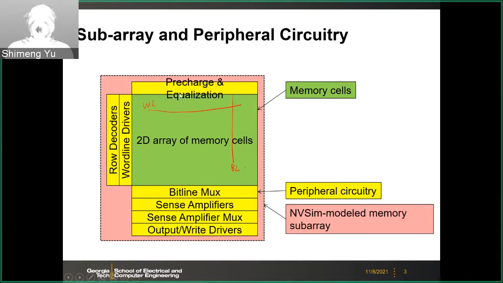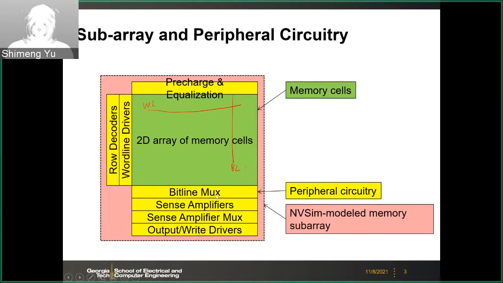And then on the column side, some of the memories may have the pre-charge and equalization, as we see in the SRAM, because you have the bit line and bit line bar, and also in the DRAM case as well. On the other side, we may have the bit line muxes.